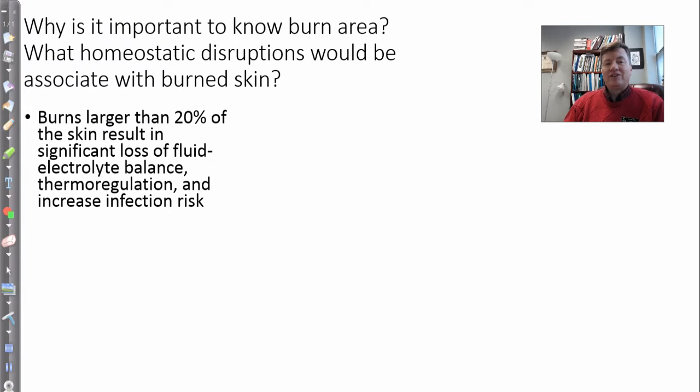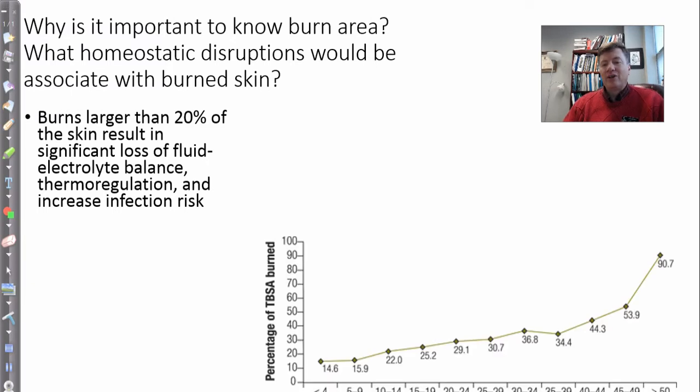Recall that the skin is not just involved in being a covering, it's also involved in regulating our fluid loss. It's also involved in temperature regulation, and also helps protect us against pathogens. So if we lose more than 20%, we've significantly impaired a function of that system, and that can lead to some complications.